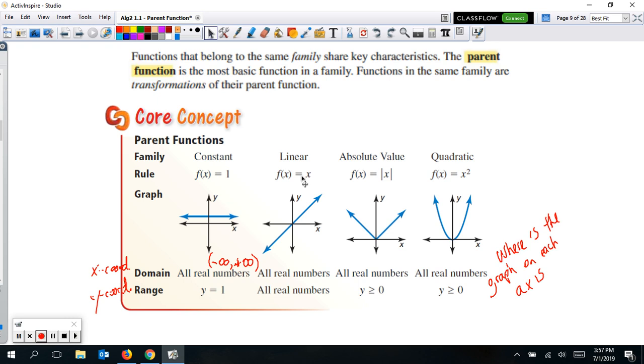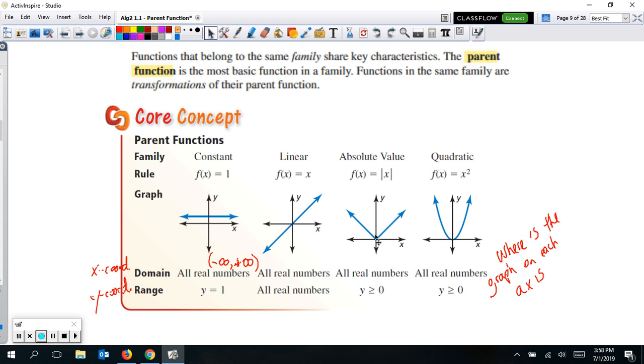So the linear one is all real numbers as well. It's all real numbers for both, in fact, because it's everywhere on the y-axis as well. This one is only at 1, because the constant function here is at 1. So it's only there at 1. This one is all real numbers because left and right, it's going everywhere in each direction. But as far as up and down, it's not below the x-axis.